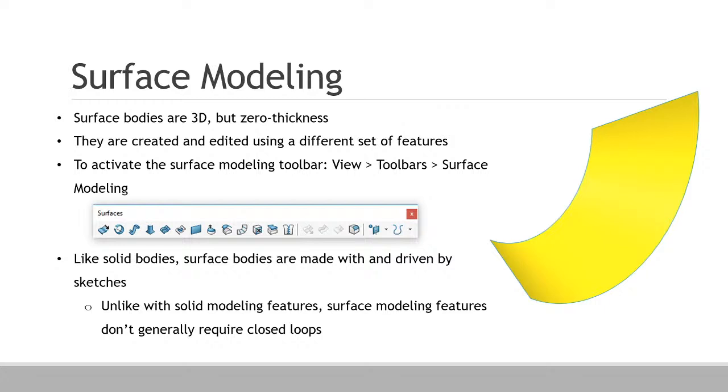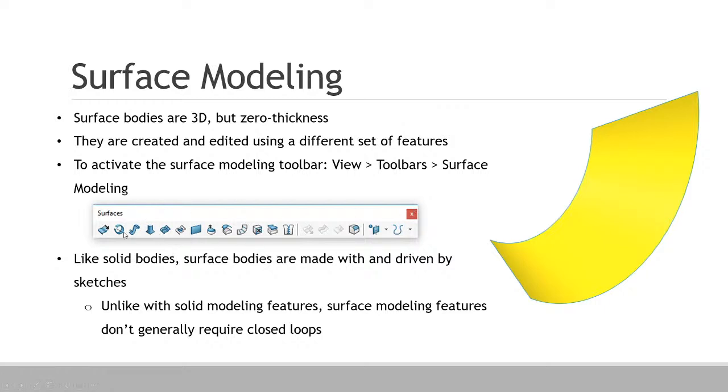And all these tools that let you create and manipulate surfaces are accessed by a completely different set of tools. You go up to View, Toolbars, and then hit the checkbox on Surface Modeling. For some reason, it's not actually in any of the default ribbons on SOLIDWORKS, and you can only get to it through that toolbar. And that toolbar looks something like this.